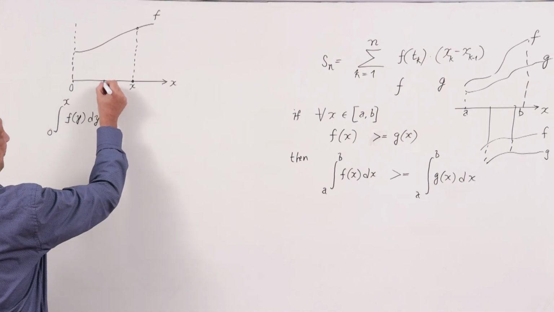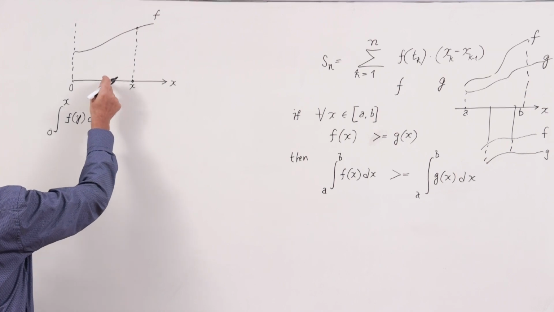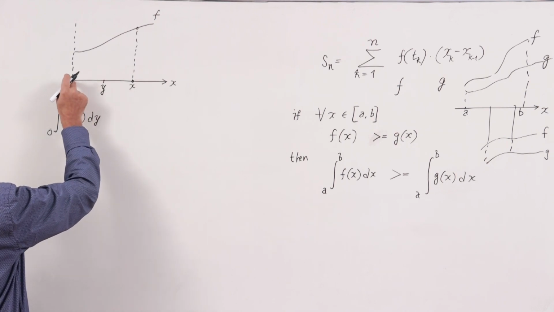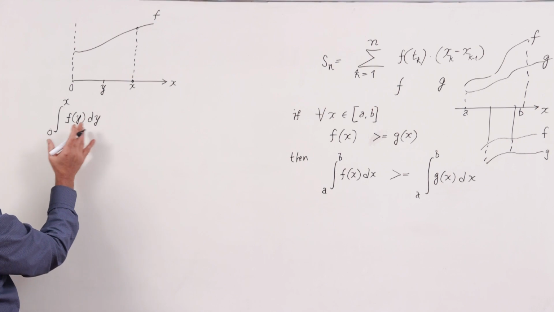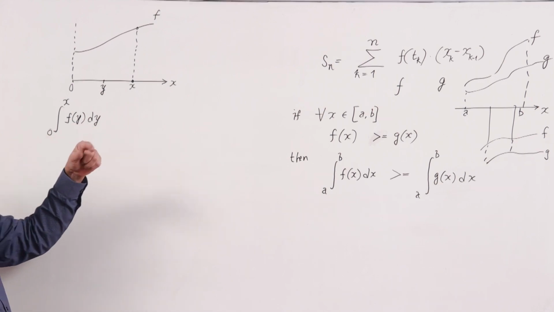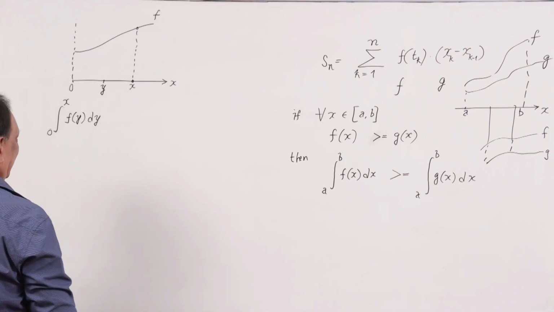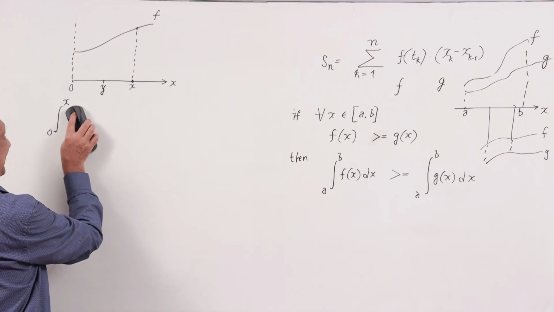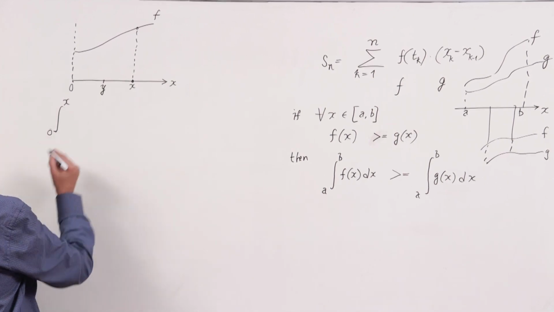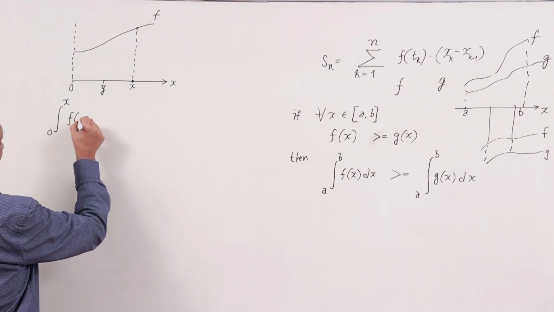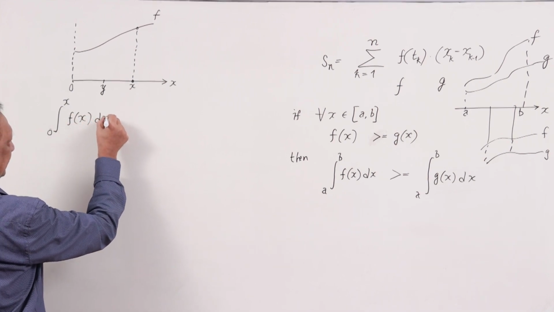That means I got a point y on the x-axis, which can change from 0 all the way to x. It's just a symbol. I can write f(x) dx also, or I can write f(y) dy from 0 to x. If that is not confusing, I will write back the old f(x) dx only.